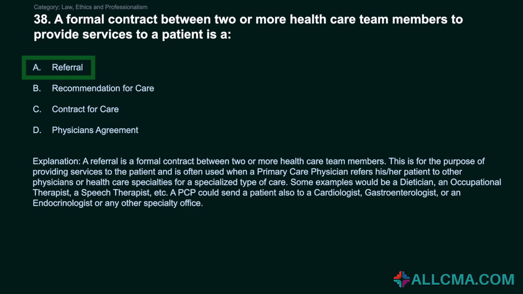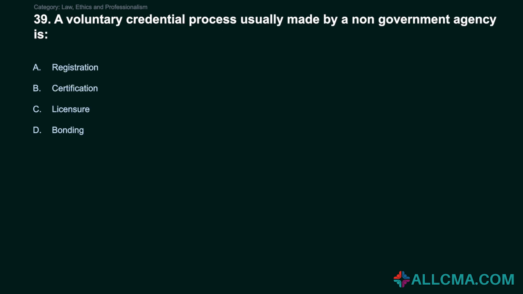This is for the purpose of providing services to the patient and is often used when a primary care physician refers his/her patient to other physicians or healthcare specialties for a specialized type of care. Some examples would be a dietitian, an occupational therapist, a speech therapist, etc. A PCP could send a patient also to a cardiologist, gastroenterologist, or an endocrinologist or any other specialty office.